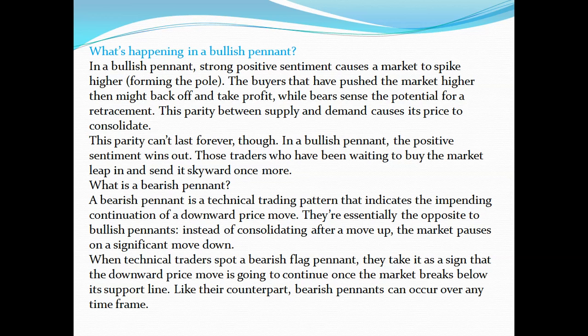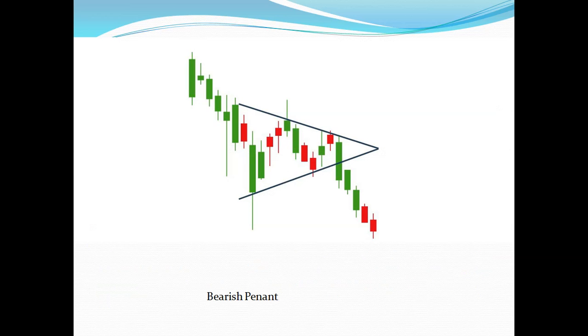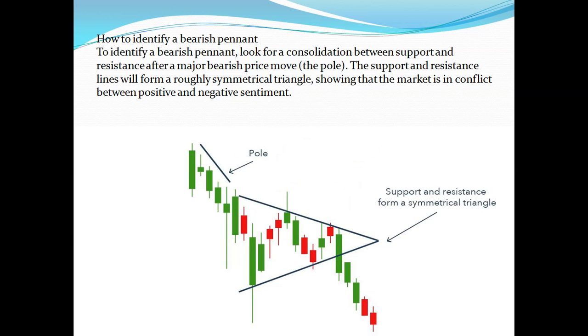Like their counterpart, a bearish pennant can occur on any time frame. You see, this is a bearish pennant. Here you see it is a downtrend, then resistance and support, then you see it breaks the support. How to identify a bearish pennant? It is really important.